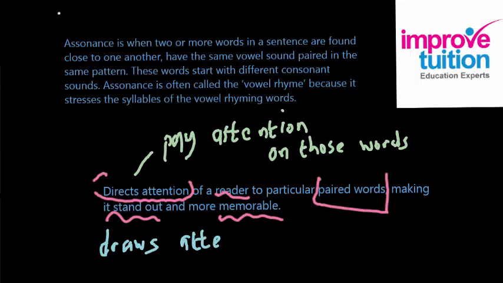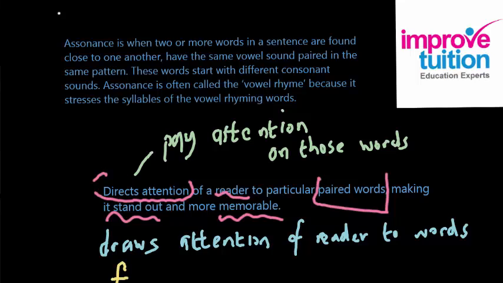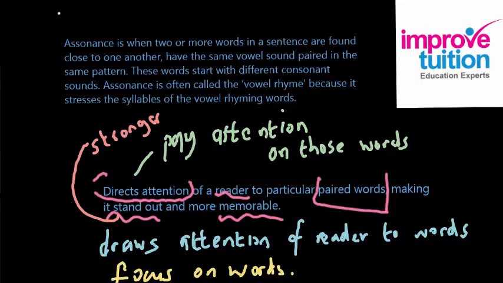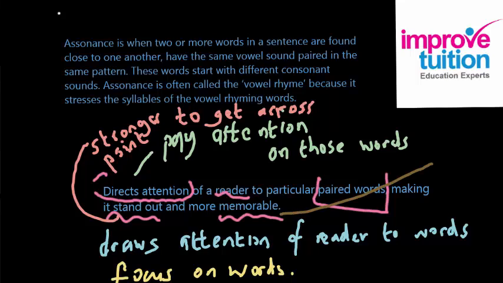Assonance also draws the attention of the reader to those words. It brings focus, and the focus is on those words. It makes it much stronger as it rhymes, as it tries to get the point across.